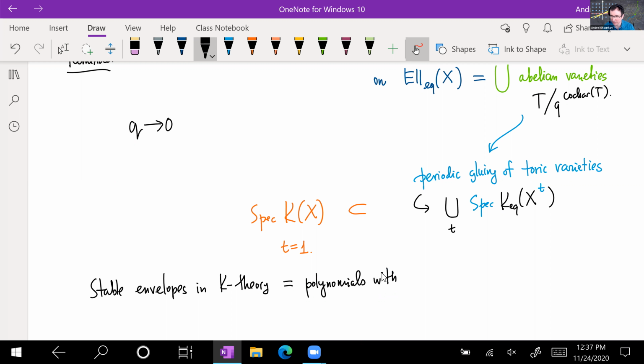Now we're in K-theory, the spectrum of K-theory, which is an affine algebraic variety. It doesn't have an interesting line bundle, but the analog of a line bundle is the notion of degree. So this is with Newton polygon.